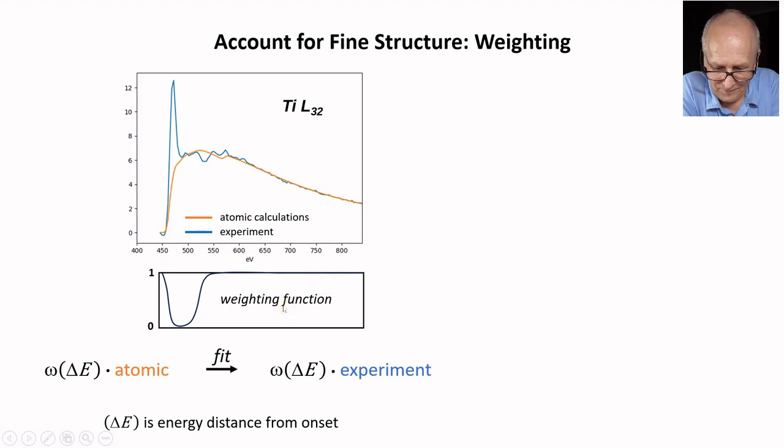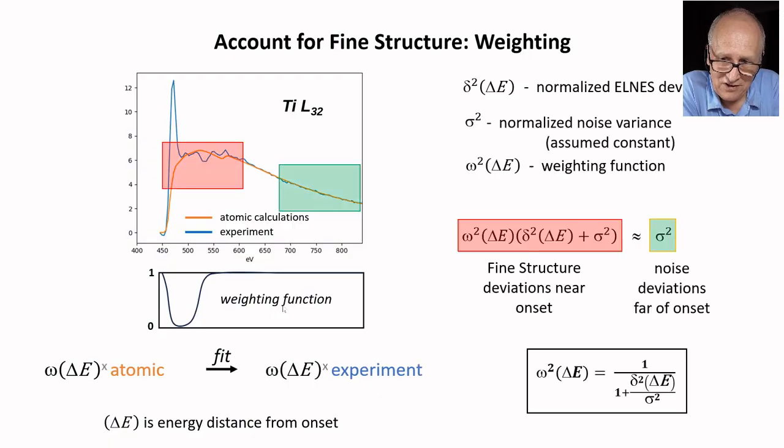Well, how do we derive this function? To do that, let's mention that far from the onset, we don't have ELNES variations at all. So if experiment differs from theory, it's only due to noise. The weighting function should be 1 in this region.